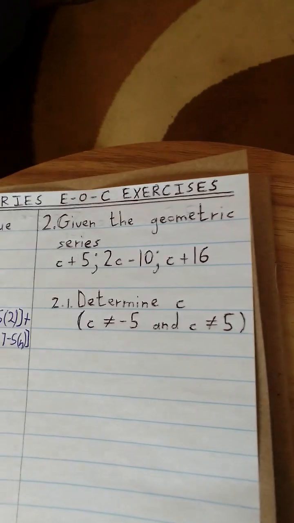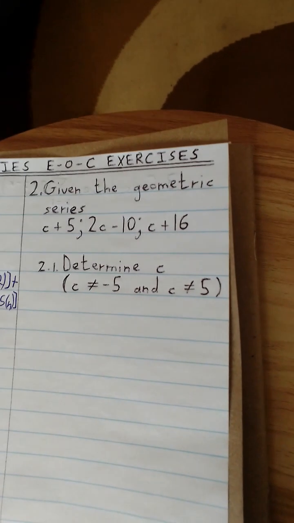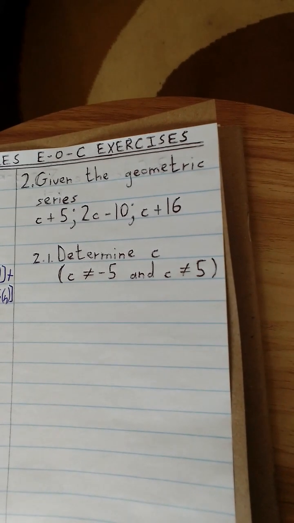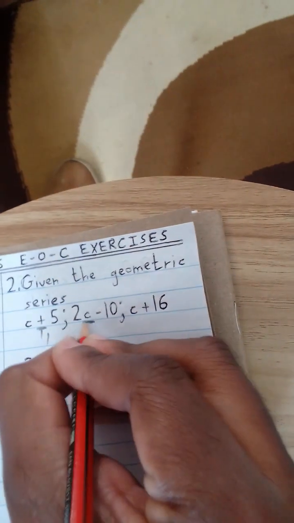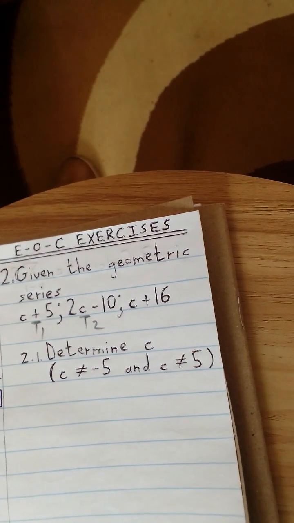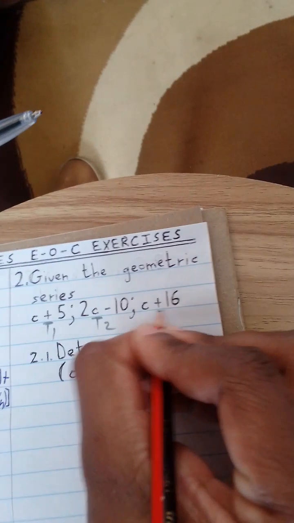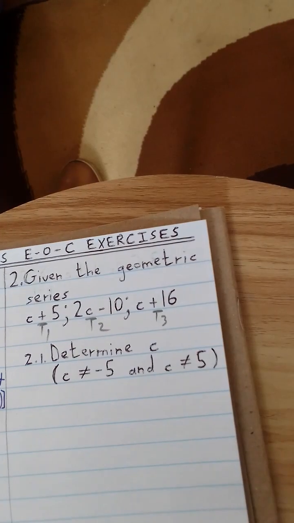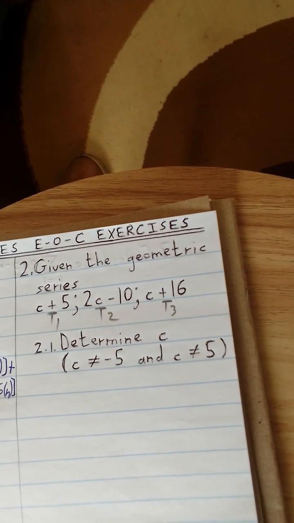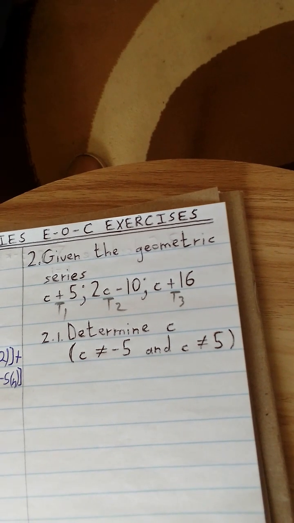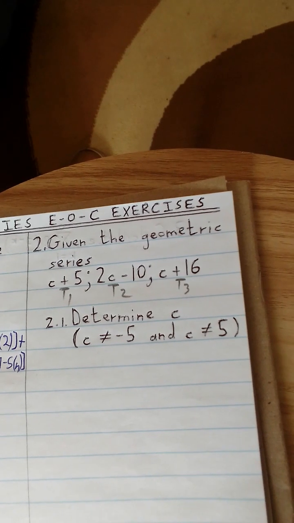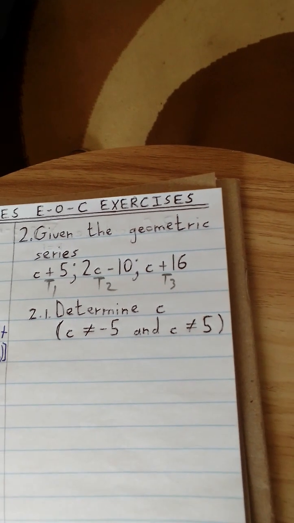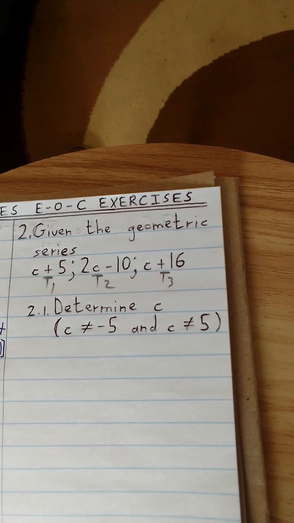So number 2 states, given the geometric series, T1 is c plus 5, T2 is 2c minus 10, T3 is c plus 16. 2.1 states, determine c. And you are given that c is not equal to negative 5 and c is not equal to 5, and c is an element of integers.